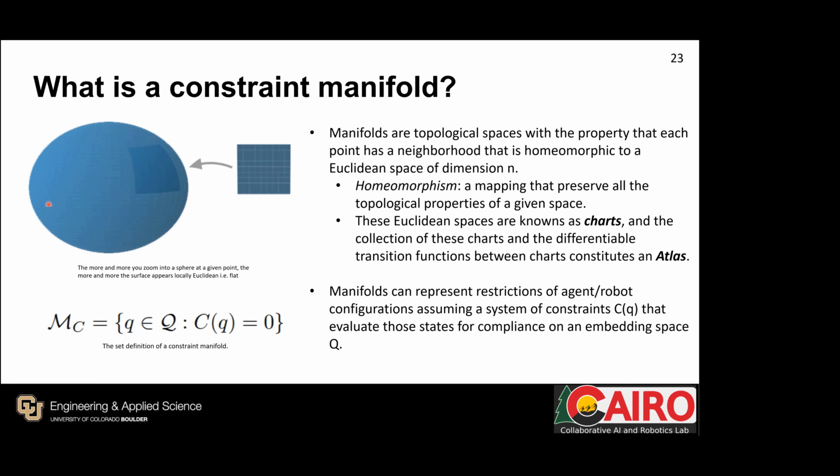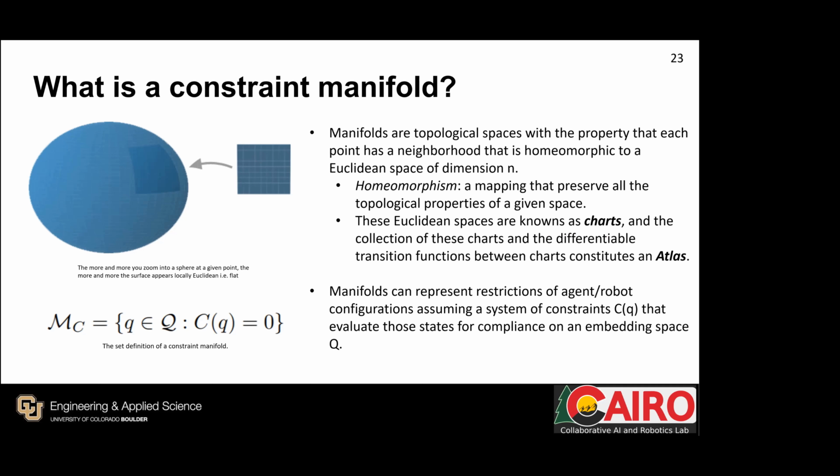So using that same sphere analogy, the more and more you zoom up to a specific point, the more and more the surface of that manifold looks locally Euclidean or flat. These local Euclidean spaces are known as charts, and the collection of these charts and the differentiable transition functions that allow you to jump from chart to chart constitutes what's called an atlas.